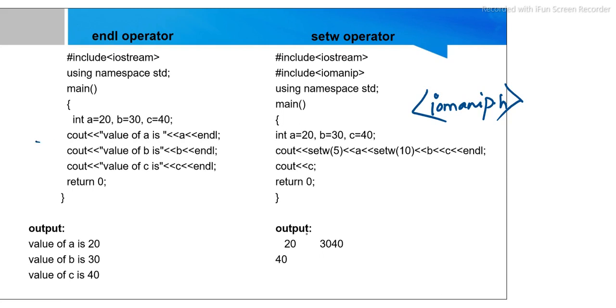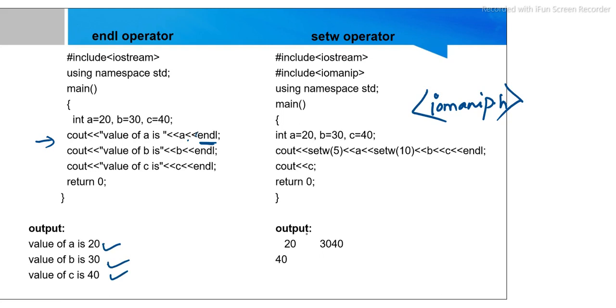So look at the cout statement here. cout value of a is a, then endl. So what will endl do? It will display the next output in a new line. Similarly, cout value of b, cout value of c. When we execute this program, these three output statements will be printed on three different lines instead of a single line.